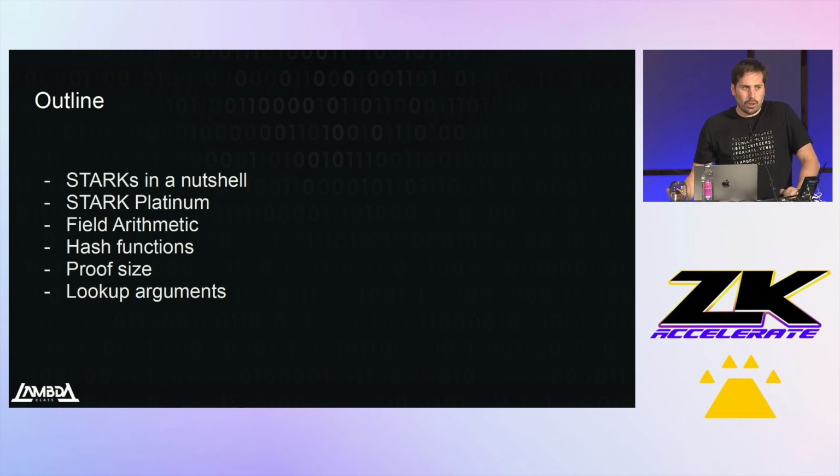In the previous talk, Francisco mentioned he's using it, so we are super happy it's gaining acceptance in the community. Then we will discuss some areas where we can improve performance regarding field arithmetic, hash functions, proof size, and lookup arguments, and then finish with some conclusions.